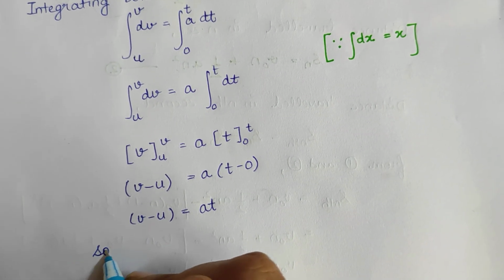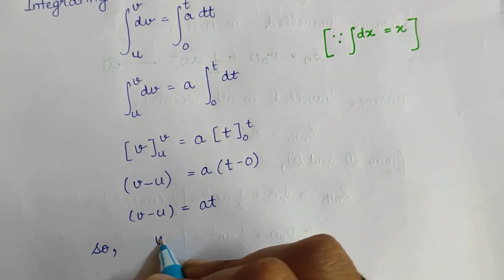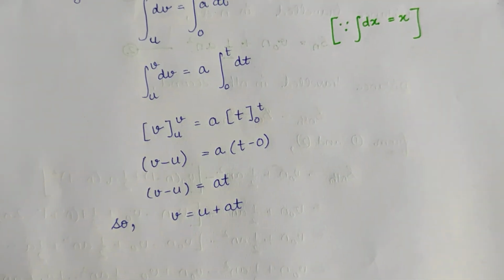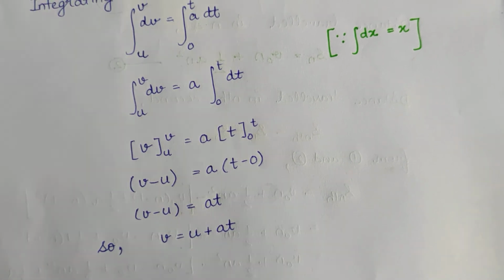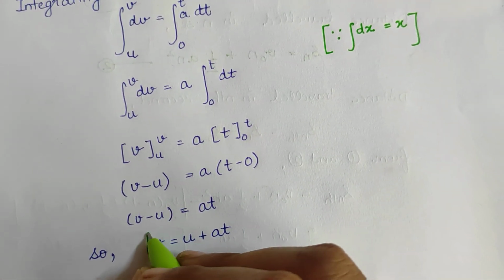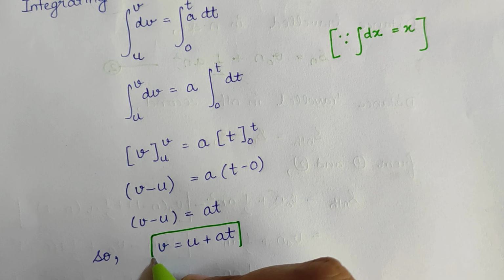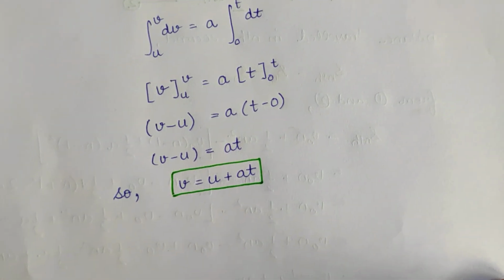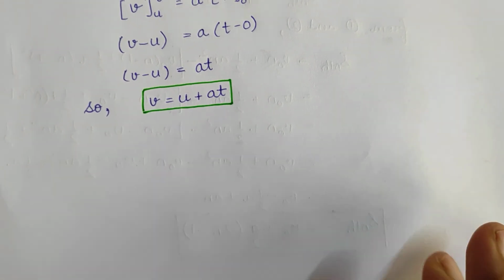So we can write it as v equals u plus at, which is similar to the equation of motion we derived. So this is the first equation of motion, v equals u plus at.